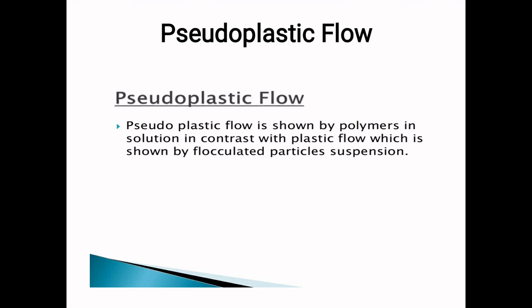Dilatant flow is mainly shown by heterogeneous systems, which are mainly used in the pharmaceutical field, like suspension, emulsion, colloidal dispersion, etc. But pseudoplastic flow is mainly found in polymer solutions.